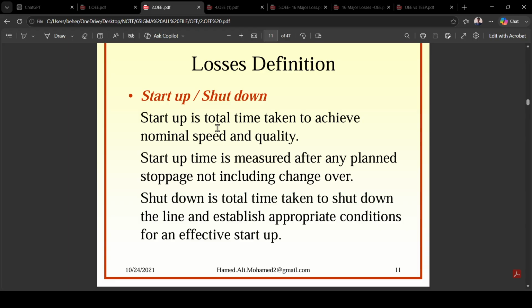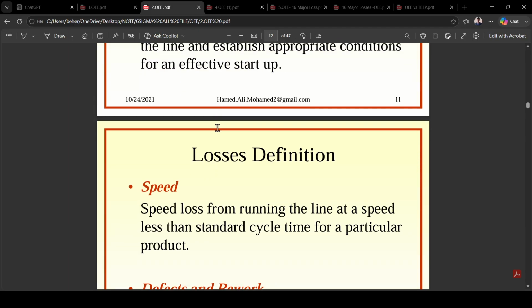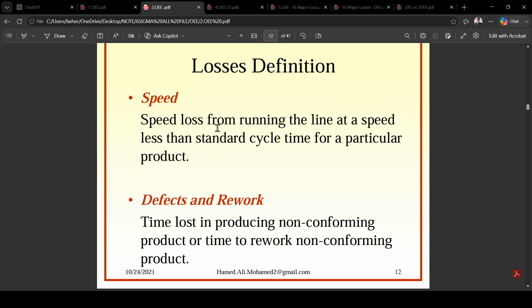Then startup or shutdown. Startup is the total time taken to achieve nominal speed and quality. Startup time is measured after any plant stoppage, not including changeover. Shutdown is the total time taken to shut down the line and establish appropriate conditions for an effective startup. Speed losses: running the line at a speed less than the standard cycle time for a particular product.